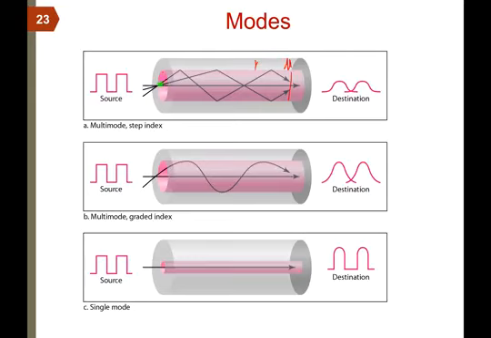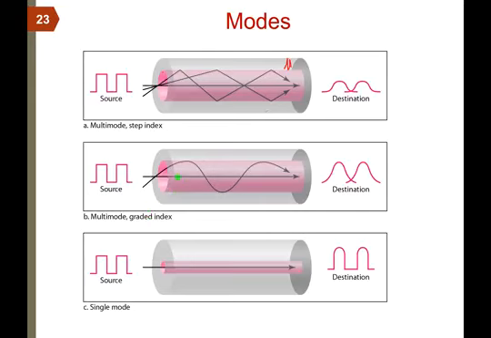So the light will be reflected when it reaches a boundary. This is multi-mode. You see, there are different rays of light. One goes this way, one goes this way, one goes this way. We call it multi-mode. We have another type of multi-mode called graded index.